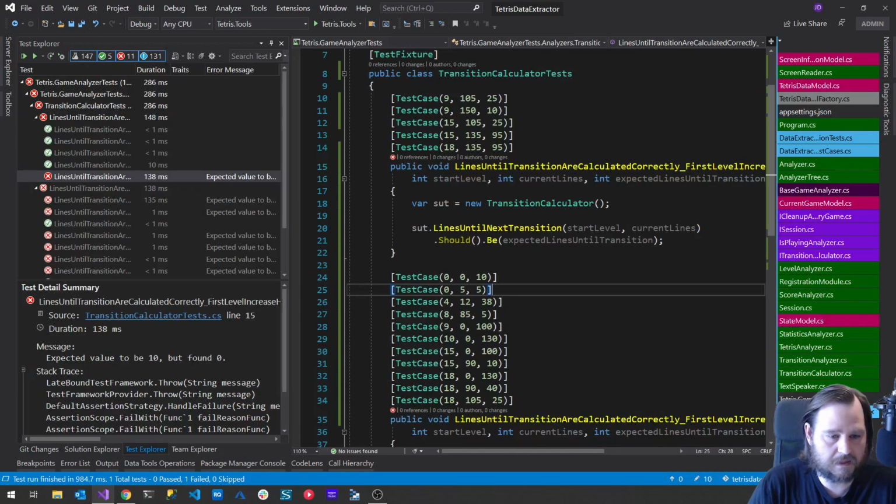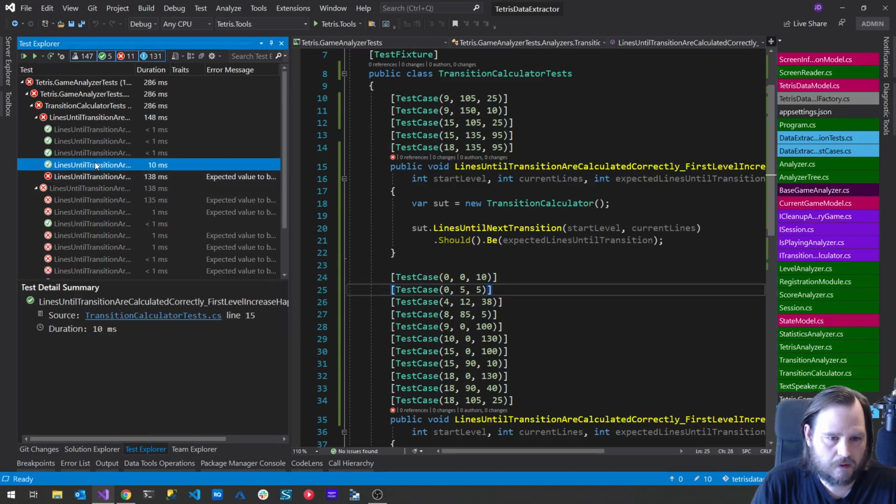Expected value to be 10, but found 0. Why would you find 0? It doesn't make any sense. Why are all these other ones calculated correctly?